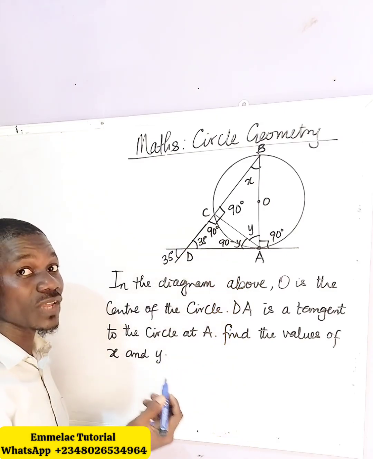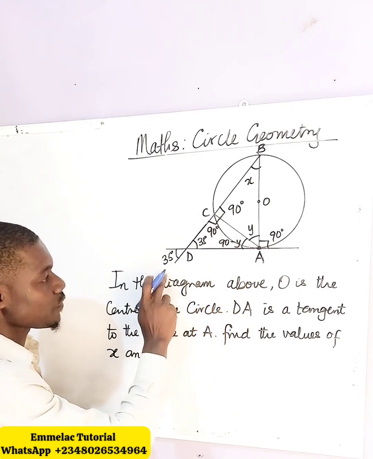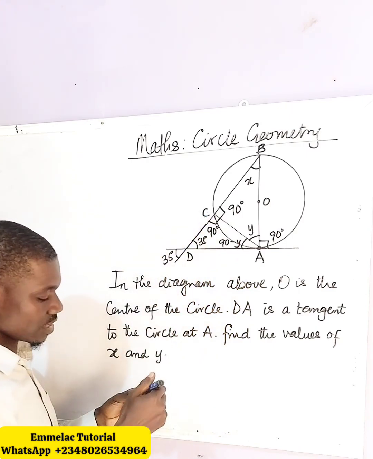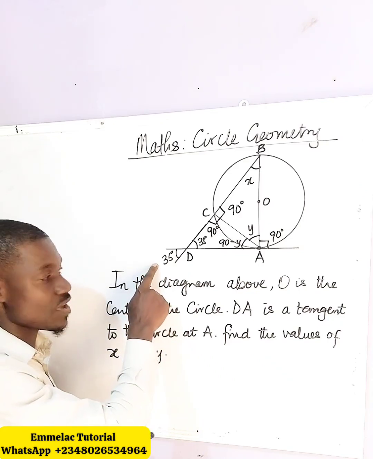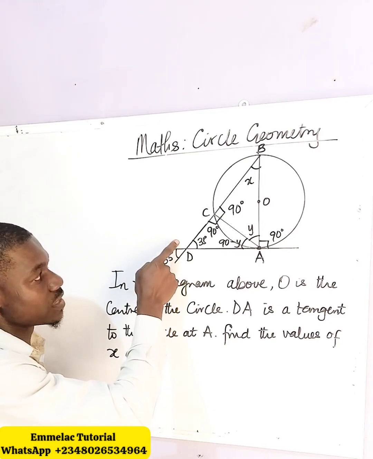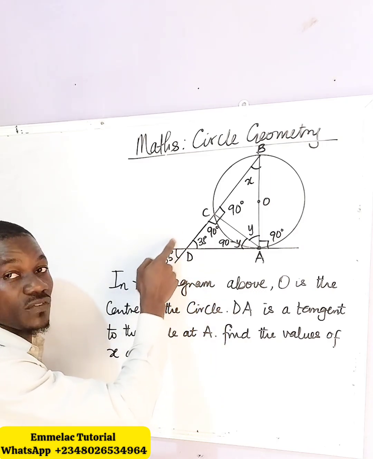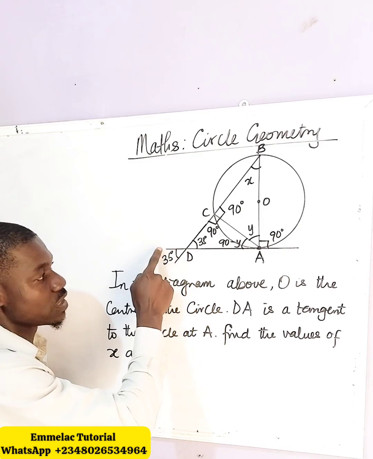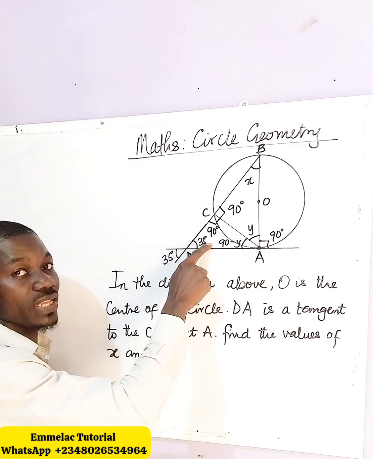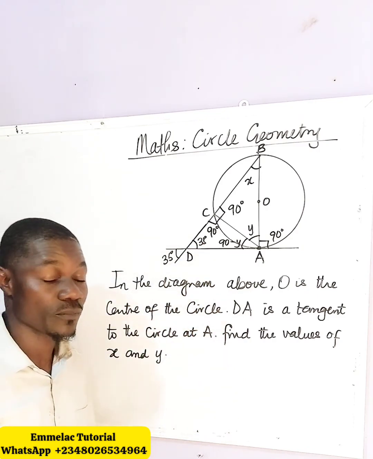Another way to get 35 here is to consider this straight line. Since this is a straight line and here is known to be 35, here will be 180 minus 35. The same thing also, consider whatever answer you get here and equate it with 180 to find the angle here, which will also definitely give us 35.